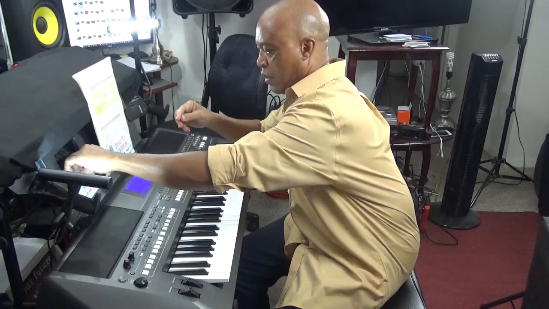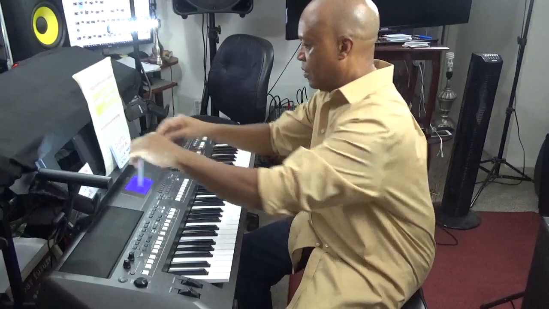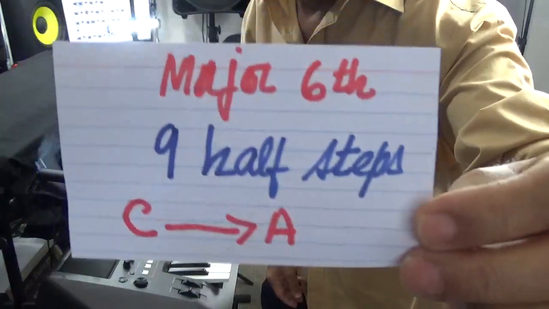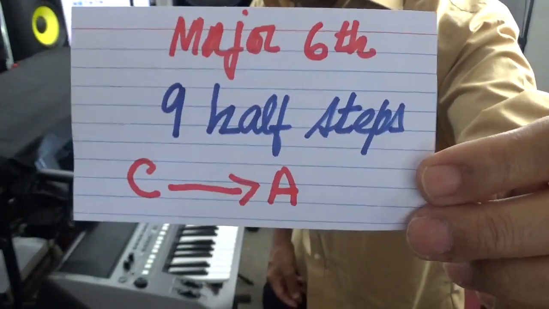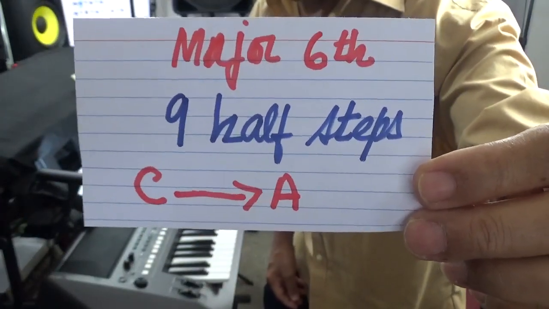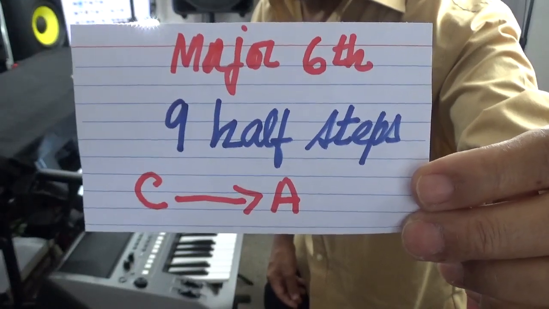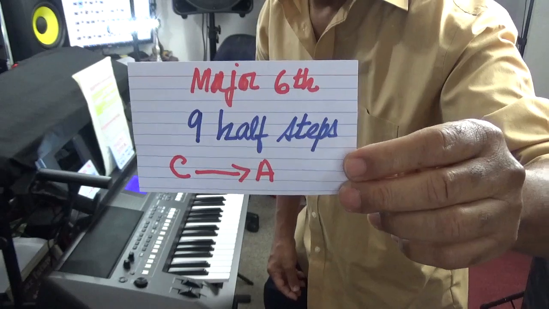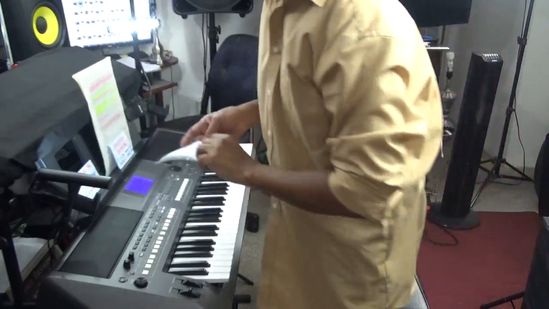So now from C, did I show you? Let me show you. I don't remember. That's a major 6. C to A. Okay.